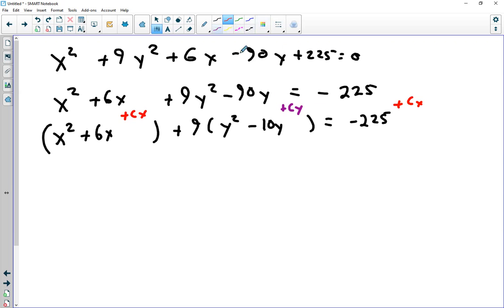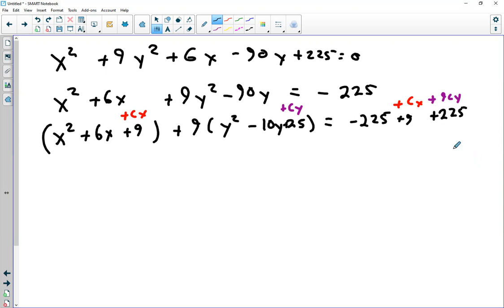And in here, it's 5, square it is 25, which means 9 times 25, 225. So x plus 3 squared plus 9 times y minus 5 squared equals 9.